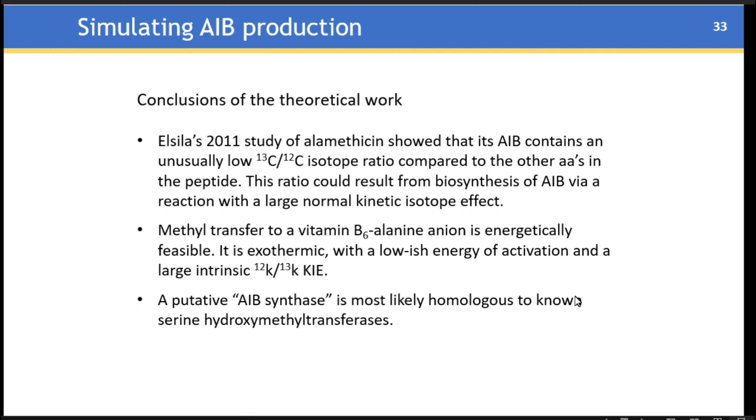It's exothermic, has a reasonable, low-ish energy of activation, and a large intrinsic kinetic isotope effect. Probably an AIB synthase by this route would be homologous to known serine hydroxymethyltransferases.